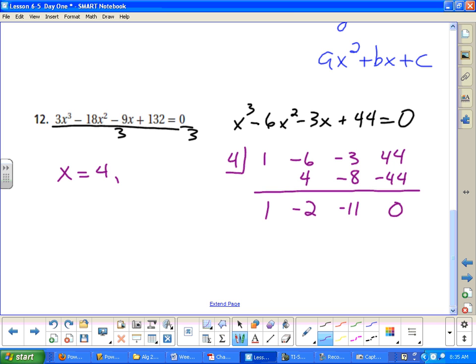So the nice thing about doing the synthetic division is when I'm done, here's my values for A, B, and C for the quadratic formula.